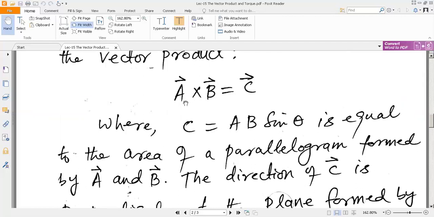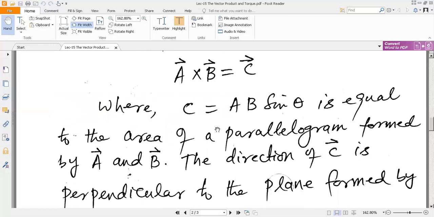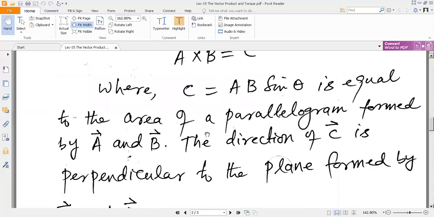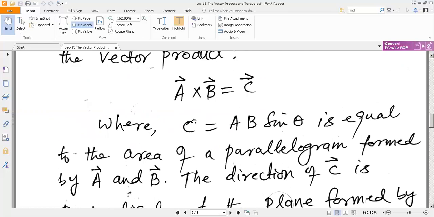If we say that a and b are two vectors and they constitute a parallelogram, then this AB sine theta is marking the area of that parallelogram, which also represents the magnitude of the vector product of these two vectors.